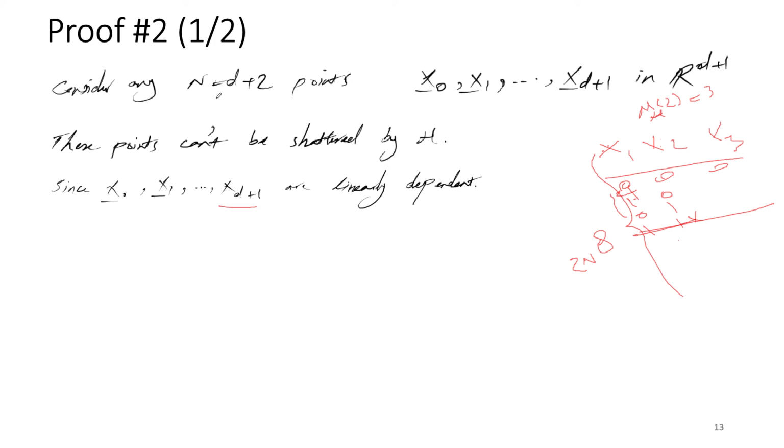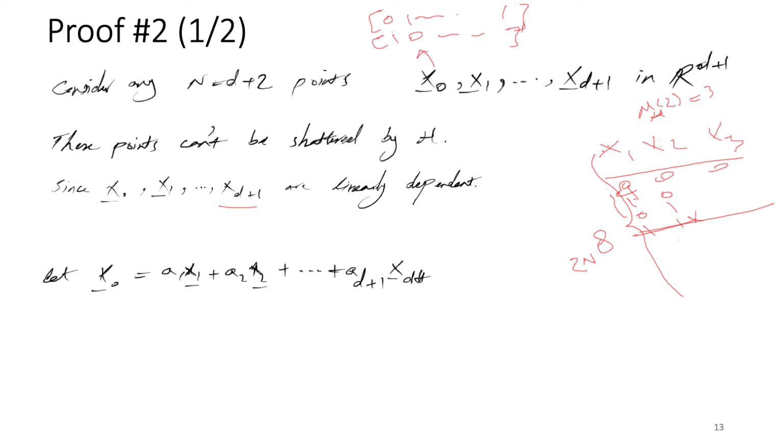Just like this, for n equal to d plus 2 points, all these data points are linearly dependent, so there's no way that these points can be shattered by H.